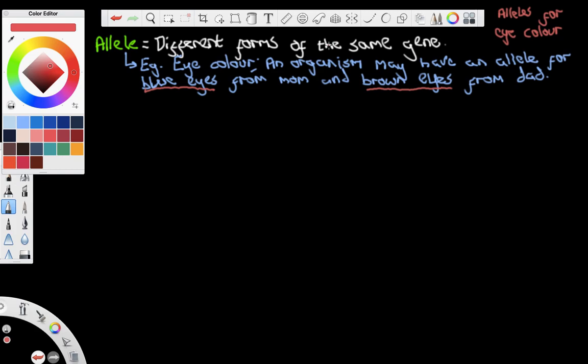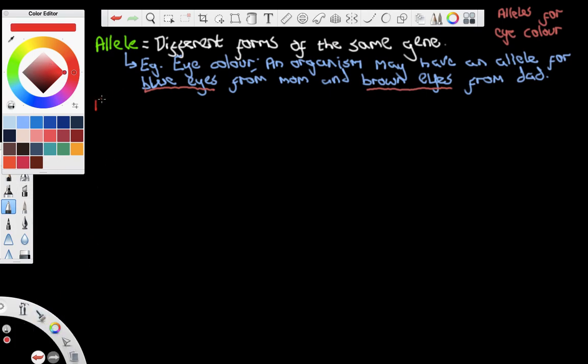Now, for every gene in your body, you have two alleles, one from mum and one from dad. These alleles can be the same and they can be different. So I'm going to put in red because it's important.